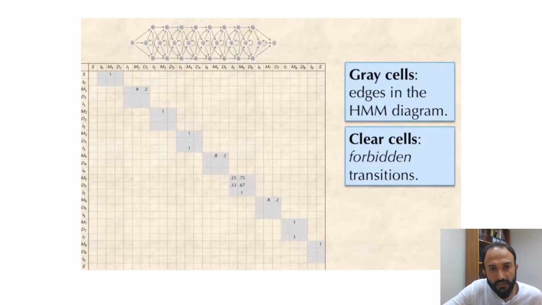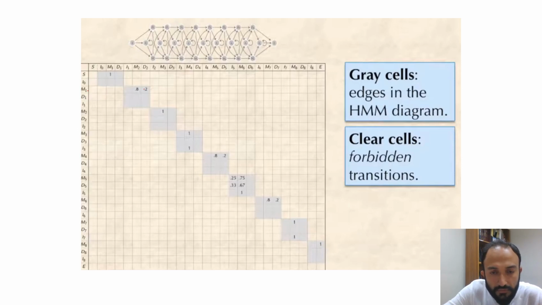So now, this is one chart of the HMM profile. Here you can see that the gray cells represent the edges in the HMM diagram, from where we can move from start to M1, and then M1 to M2 or D2, and so on.